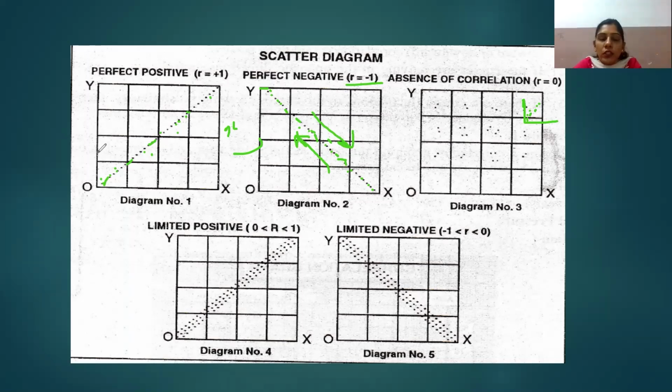In perfect positive correlation, both the variables are increasing in the same direction, but in perfect negative correlation, both the variables are going in opposite directions. That's why the plotted dots in perfect negative correlation are falling.